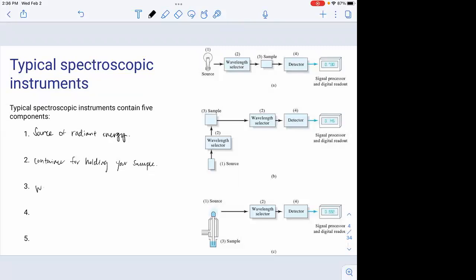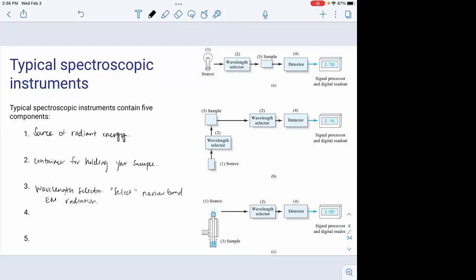The purpose being to select a narrow band of electromagnetic radiation. You'll see that we can use these early in the instrument or late in the instrument.